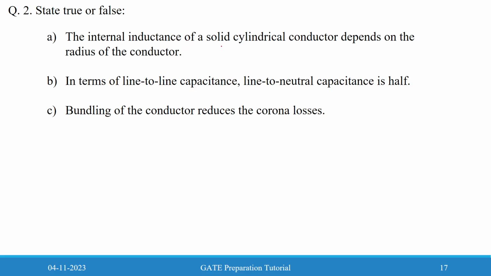The inductance of a solid cylindrical conductor depending on the radius is false, because we have seen that the internal inductance L is half into 10 to the power minus 7 Henry per meter. So this expression we got, and there is no R term here. That's why this is false.